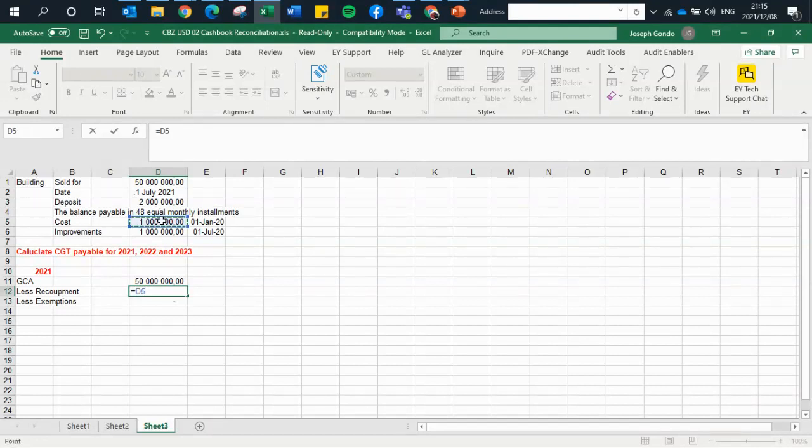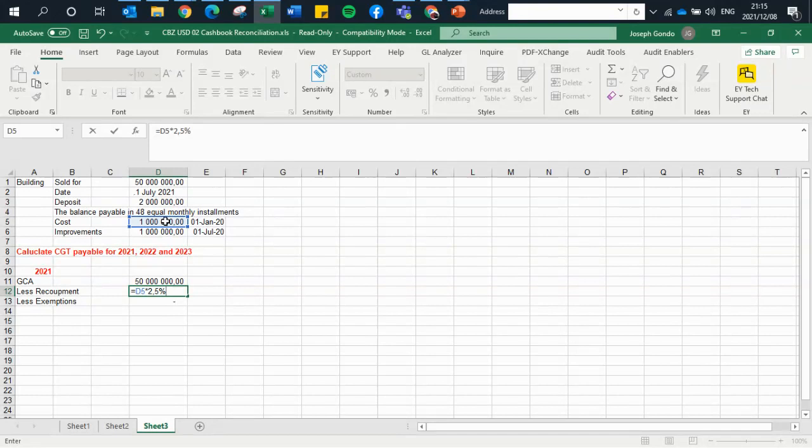So the cost was 1 million, then you multiply it by, this was a building, let's say a commercial building. So we were claiming ordinary wear and tear at 2.5% for how many years? We acquired it in 2020 and sold in 2021.